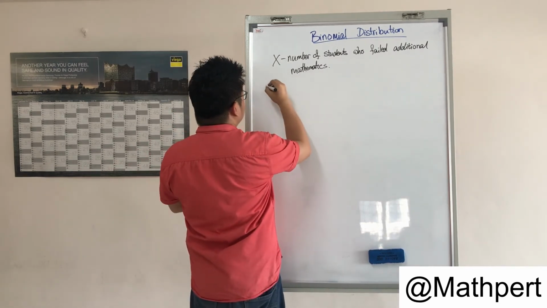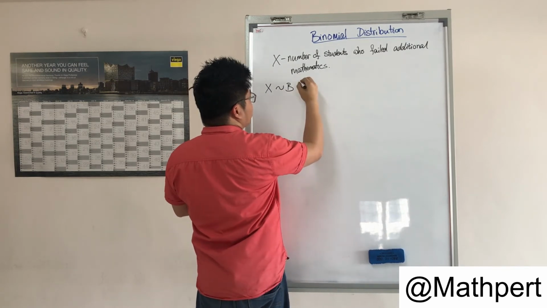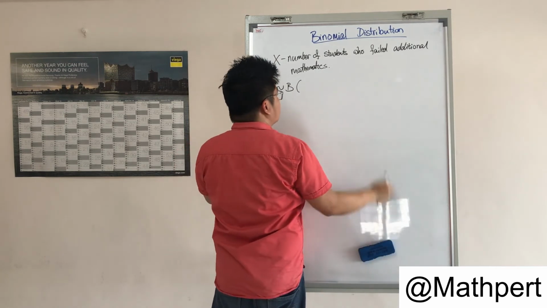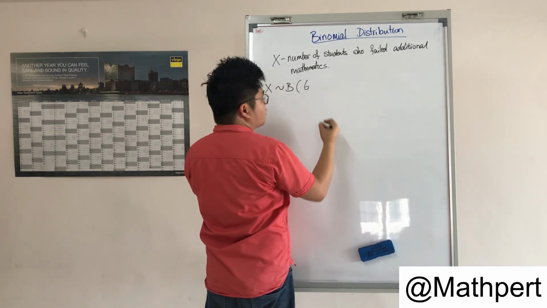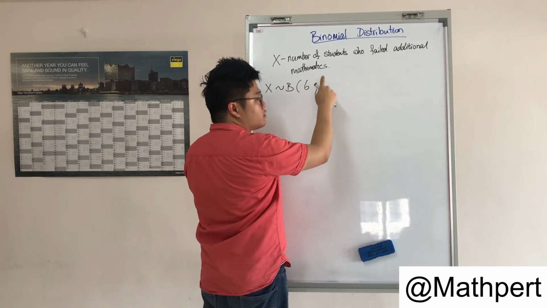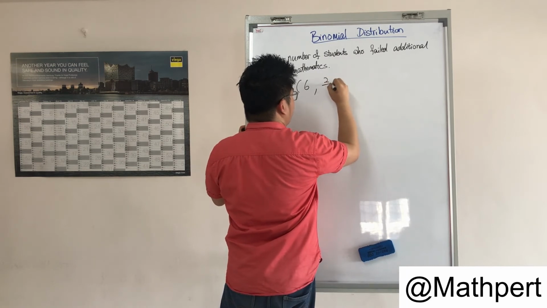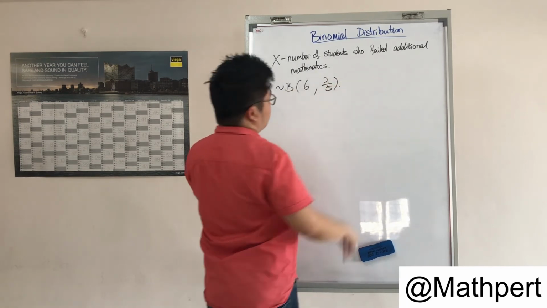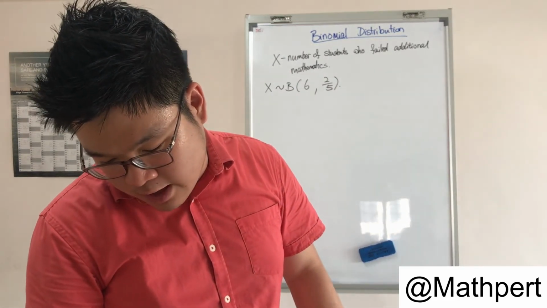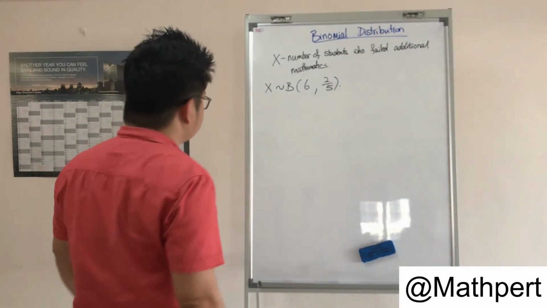So the binomial distribution for this question, we can denote it as B(6, 2/5), since 6 students are chosen randomly and p, the probability of a student failing additional mathematics, is 2/5.